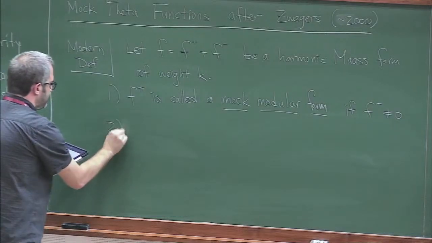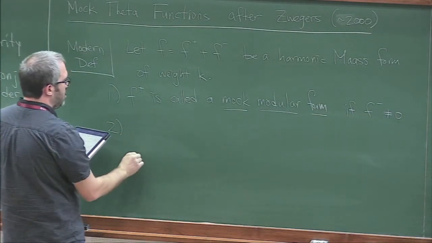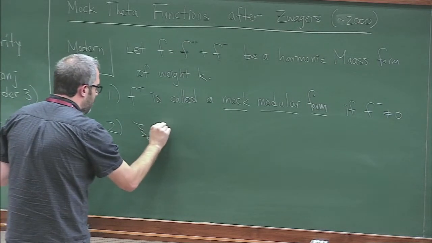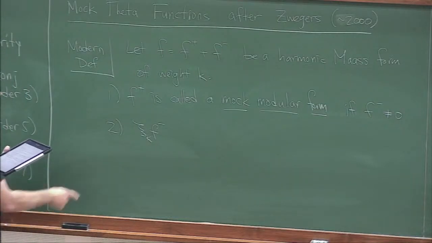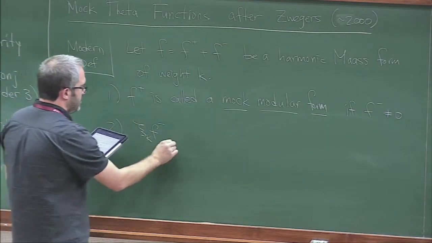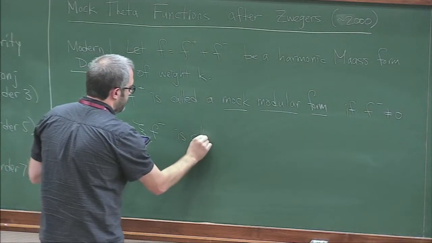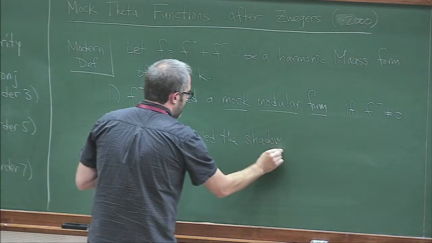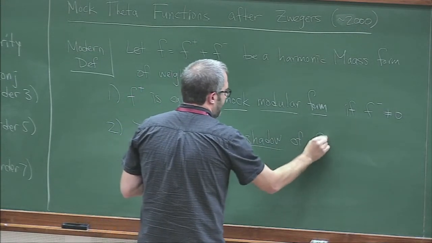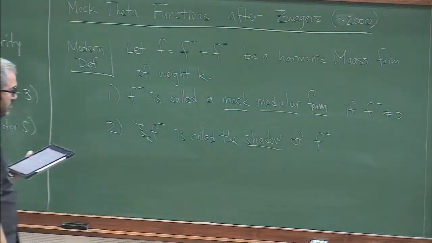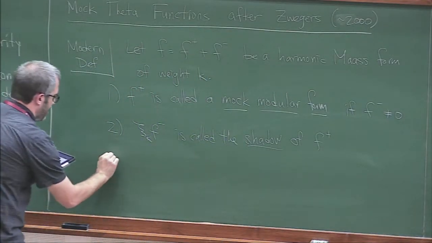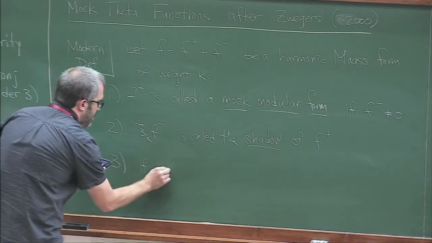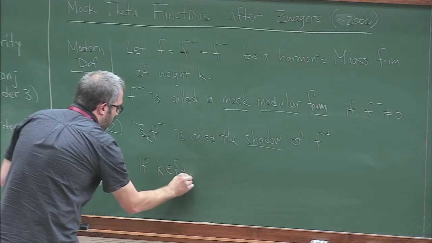Okay. I think I've said this already, but I'll just say it again. Xi_k of f plus, or xi_k of f, which is the same thing as xi_k of f minus because xi_k annihilates f plus, is called the shadow of f plus, the shadow of the Mach modular form. And then the third part of the definition is if k is either 1/2 or 3/2.